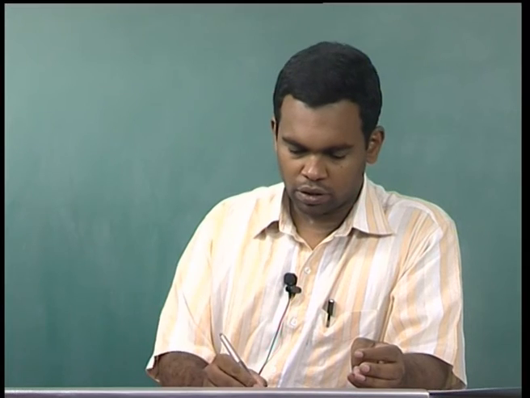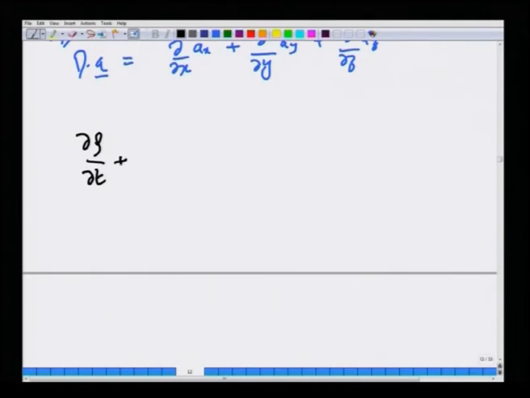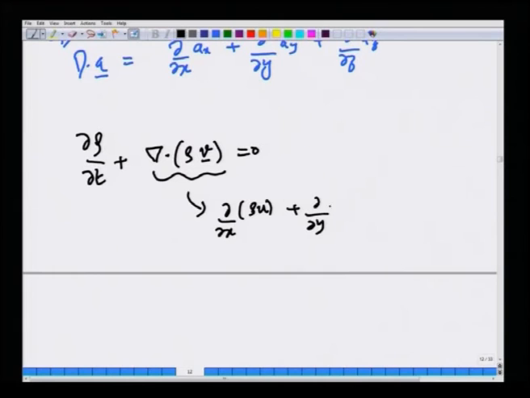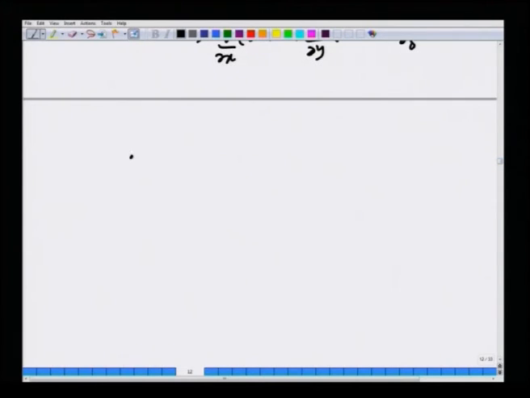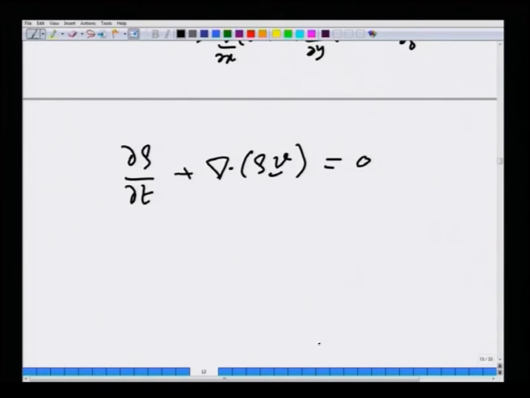Therefore, we can write this as d rho dt plus del dot rho v is 0, where del dot rho v is nothing but d dx of rho u plus d dy of rho v plus d dz of rho w. This is a compact form of the continuity equation, d rho dt plus del dot rho v is 0. This is called the vector form of the continuity equation.